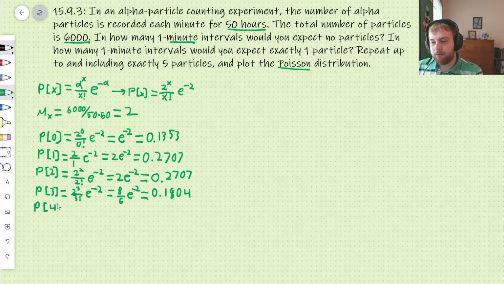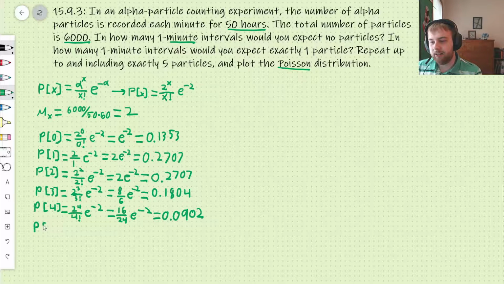And what about 4? It's going to be equal to 2 to the 4 over 4 factorial, e to the negative 2. So that is going to be equal to 16 over 24. These reduce, but it doesn't really matter. It's going to be this decimal approximation.